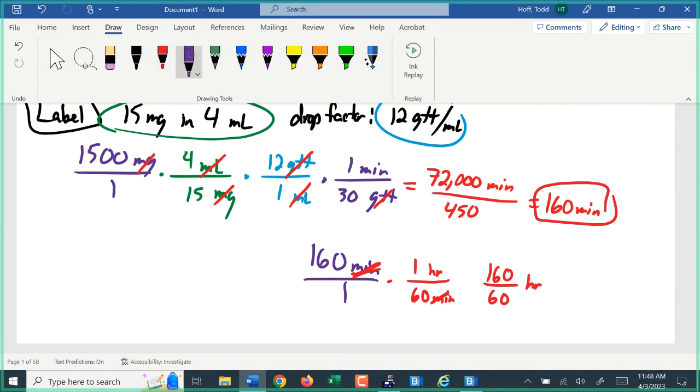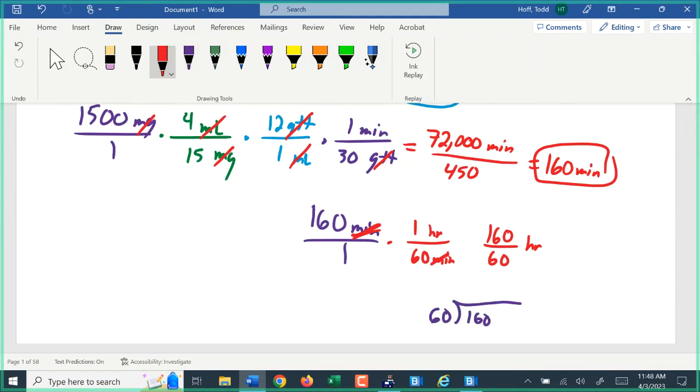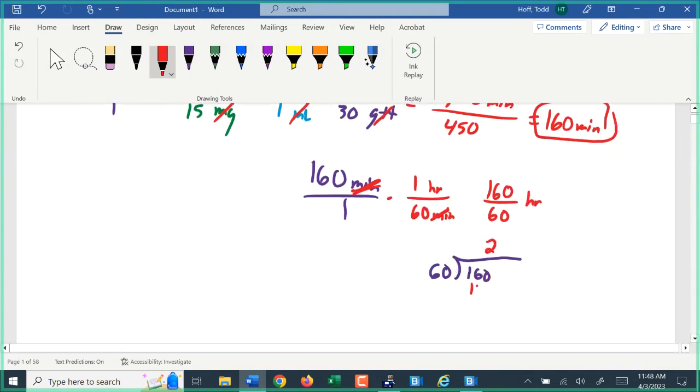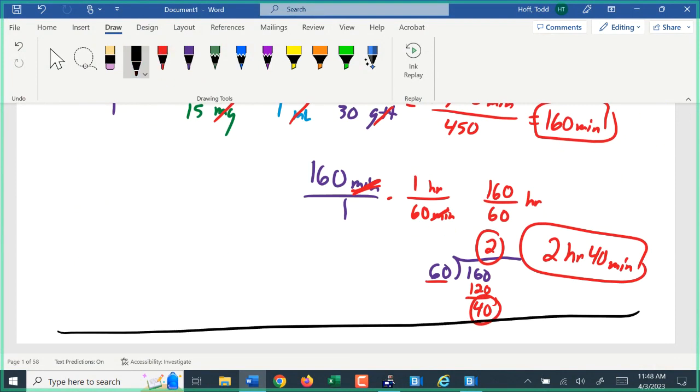Now, the way I would reduce this is I would actually use division and remainder. 160 divided by 60. 60 goes into 160 twice. 2 times 60 is 120, so that's 40 left over. So this is saying it's 2 hours and an additional 40 60ths, or 40 minutes beyond that. So 2 hours and 40 minutes would be our infusion time there.